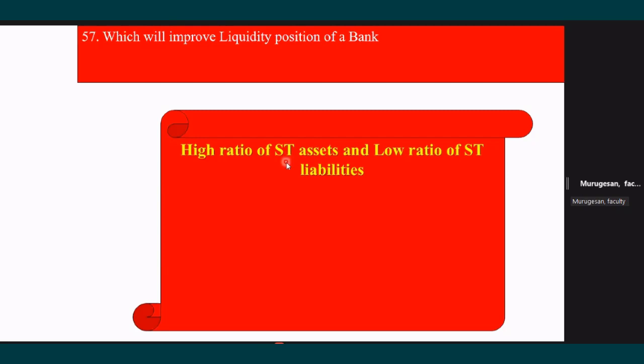So the short-term assets should be high, and short-term liability should be low. Then only the bank will be very comfortable in meeting the liquidity. Agreed, boss? They will give 4 options, but this is the correct one you have to pick up.